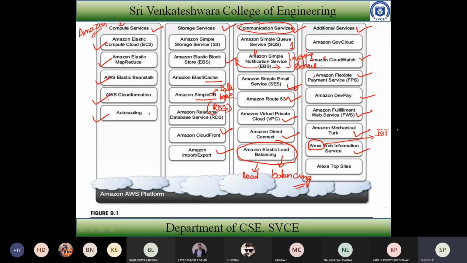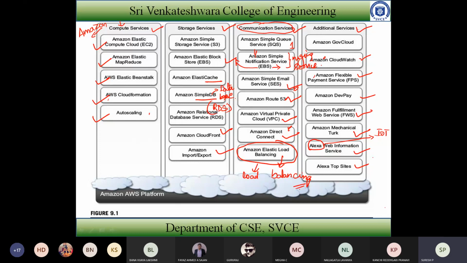It is going to provide you the web information services: what are the different services you can have through the web? Another important service which the cloud is going to provide is Alexa Top Sites. These are some of the services that Amazon is going to provide.